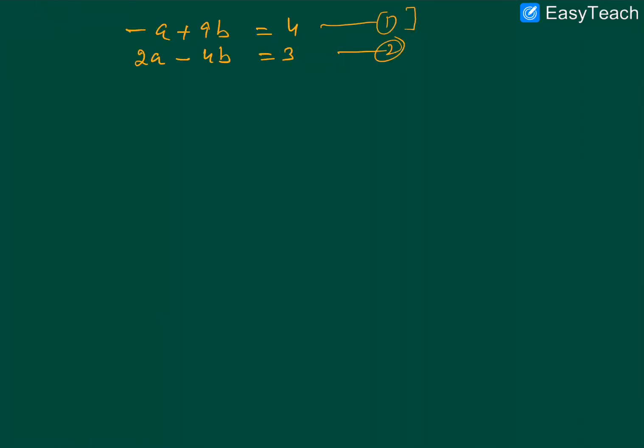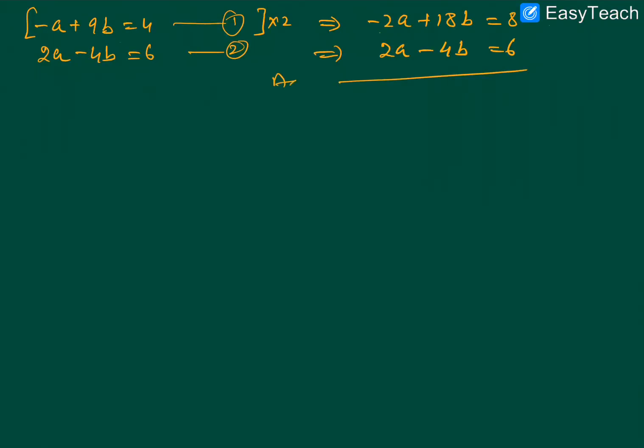Multiplying the equation both sides by 2 to make the coefficients of a equal. This becomes minus 2a plus 18b is equal to 8.